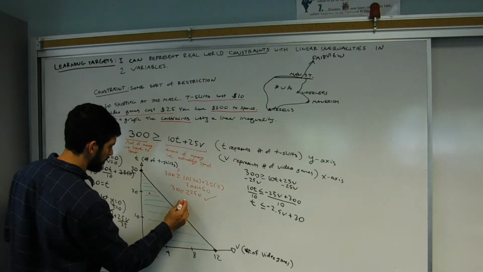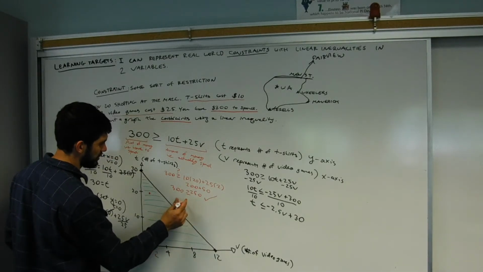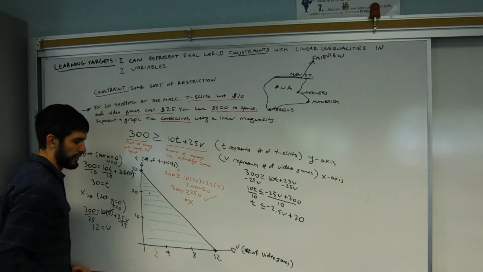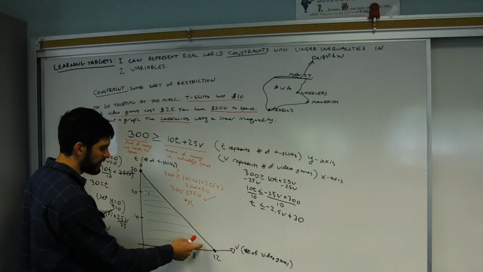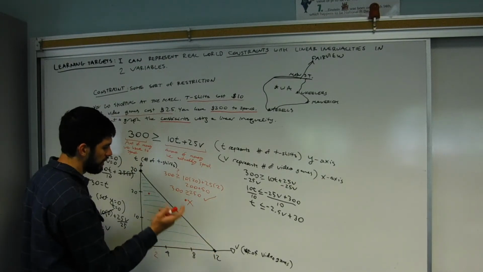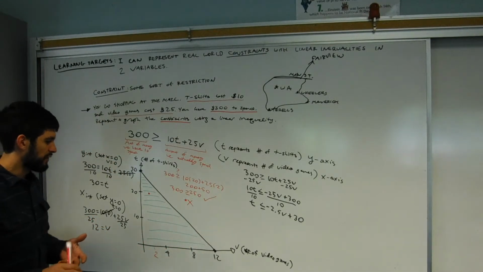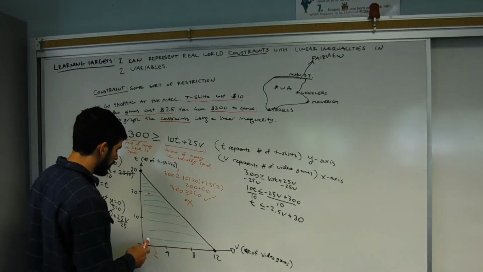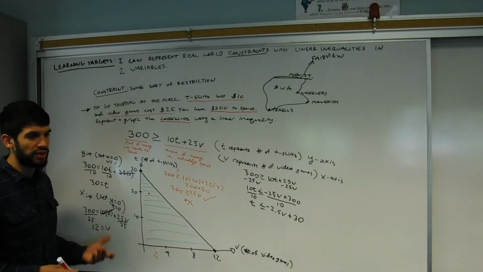However, we would see that we probably couldn't buy 8 video games and 20 t-shirts. So this point wouldn't work. If we wanted to, we could buy all video games. We could buy 12 video games, but we wouldn't have any money left over for t-shirts. Or we could buy 30 t-shirts and have no money for video games.